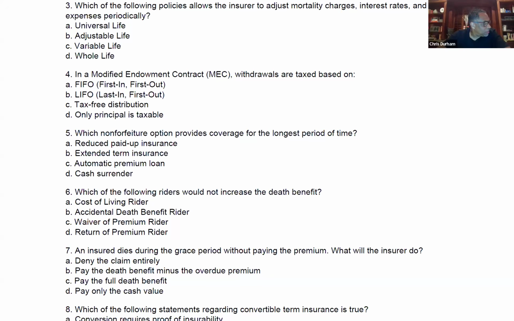All right. So you see right there where it says first in, first out, or last in, first out. When you put money into an insurance policy, the IRS wants you to pay taxes on the earnings, not the premium you paid.